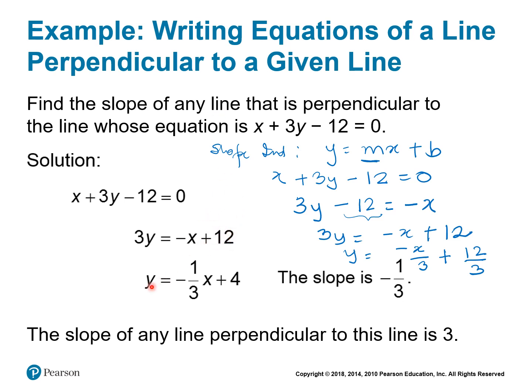And then in the next step, they divided all the terms by 3 to get rid of the 3 with y. So we are left with y equals negative 1/3 x plus 4, and we got the mx plus b form.